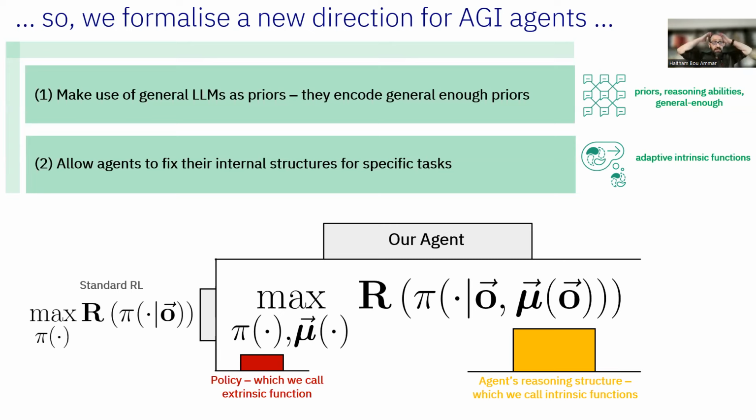One is intrinsic, which acts on the internal memory state of the agent. And the extrinsic function acts on the external world. Now the goal of the agent is to maximize its return based on both the intrinsic mu, which acts internally on the memory, and the extrinsic pi, which picks actions in the outer world.